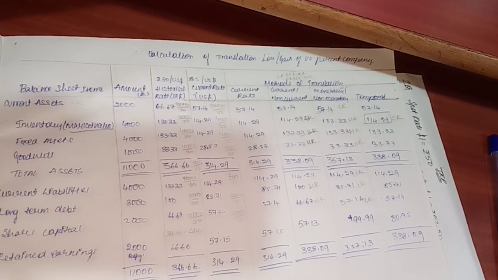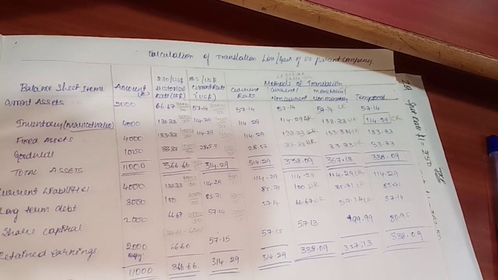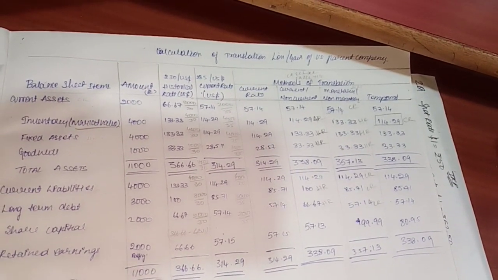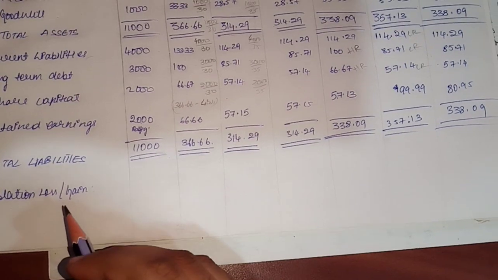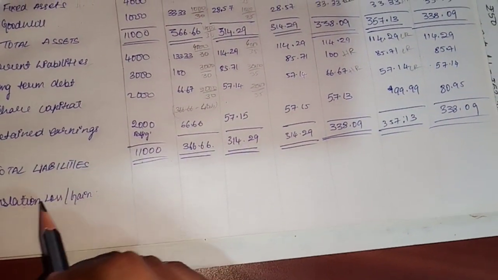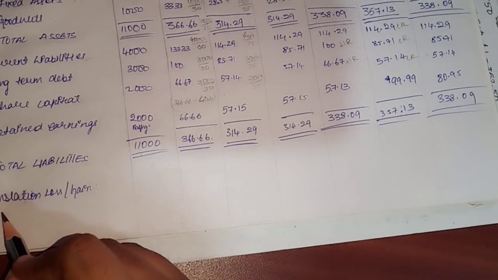Now what else we need to calculate here? Translation loss or gain we are calculating here. How to calculate, guys? Concentrate, guys. How we are going to calculate translation loss or gain? Write down for your understanding.